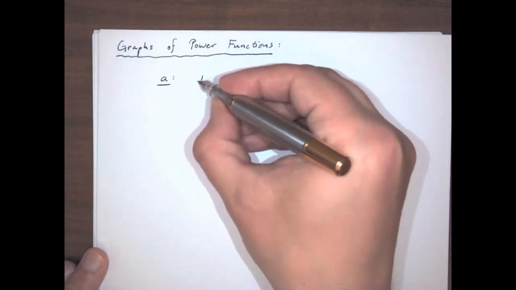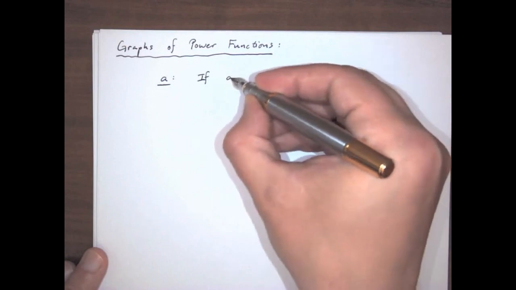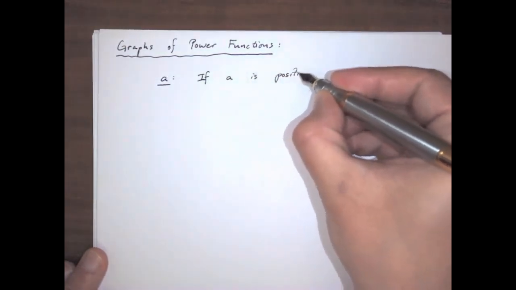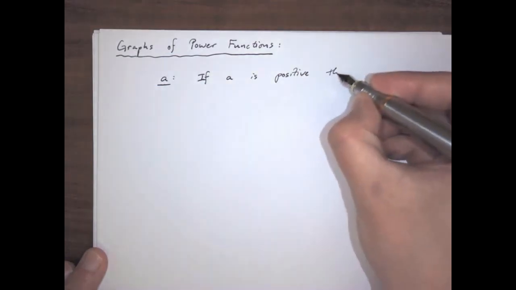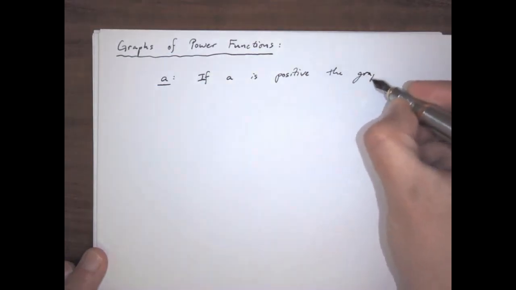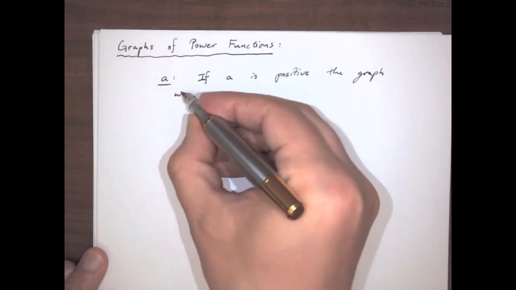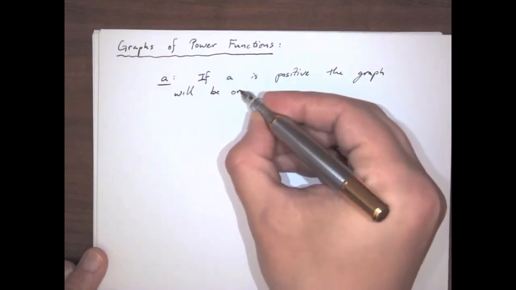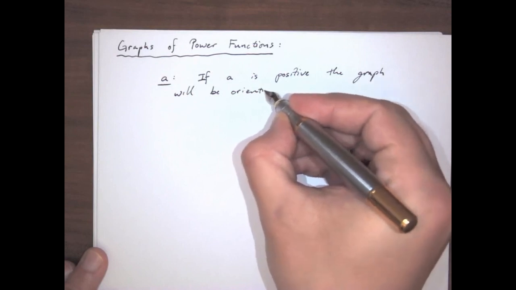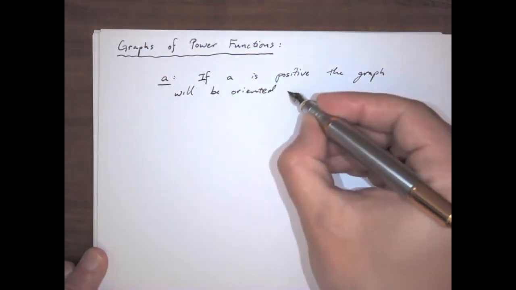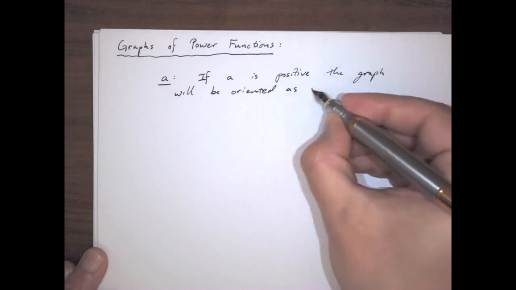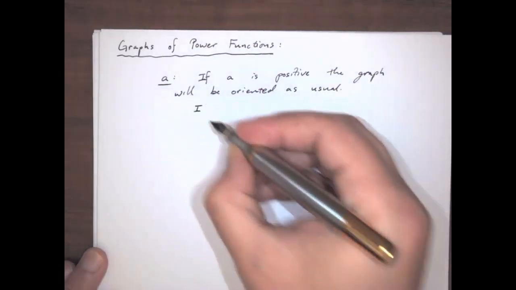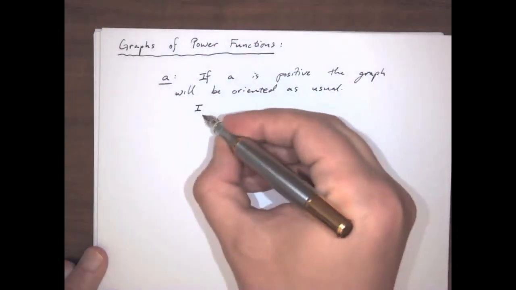So if a is positive, the graph will be oriented as usual. However, if a is negative, it will be upside down.